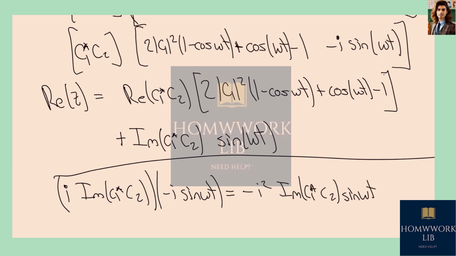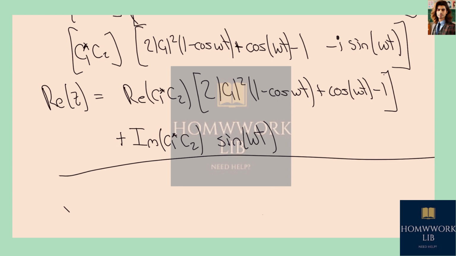Okay, so I squared is minus 1, minus I minus is going to be plus. So that's where that part comes from. So with that, that should be enough for getting the real part of that complex number.